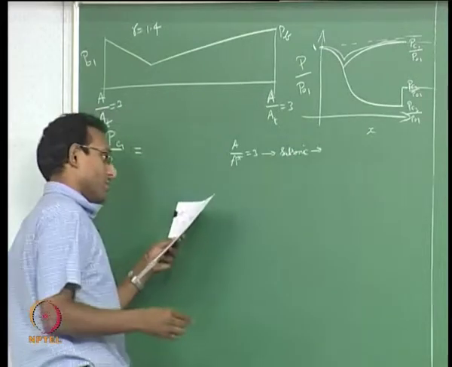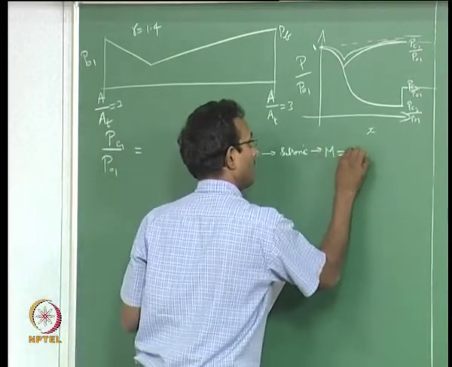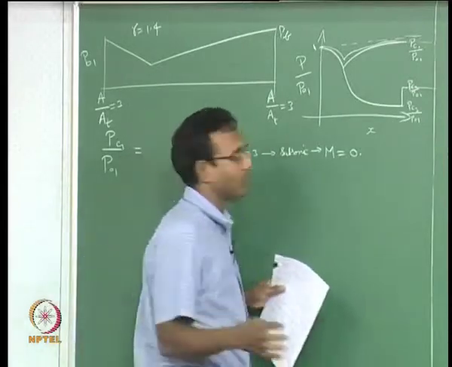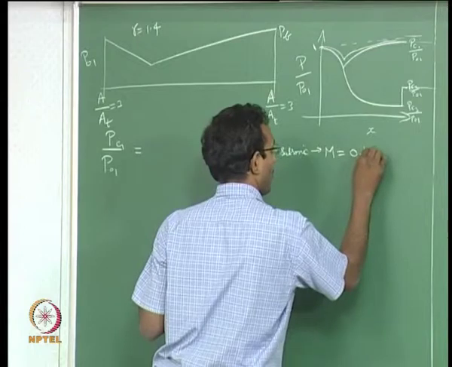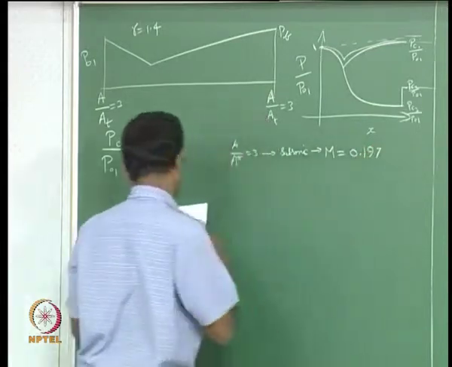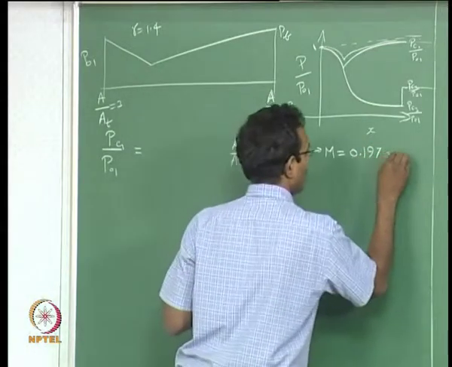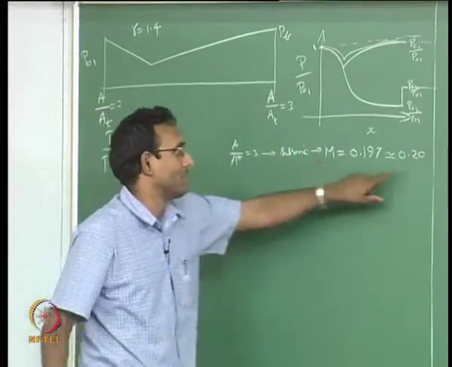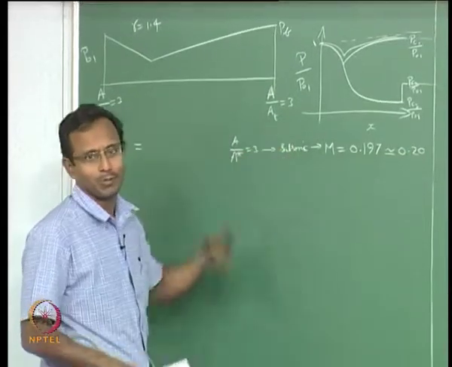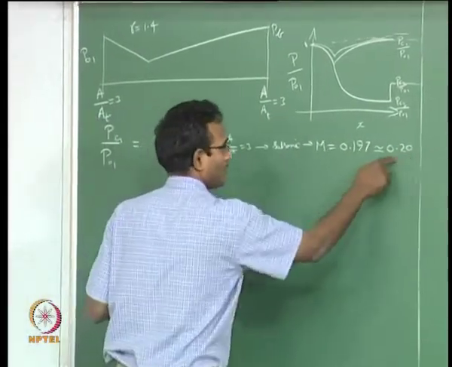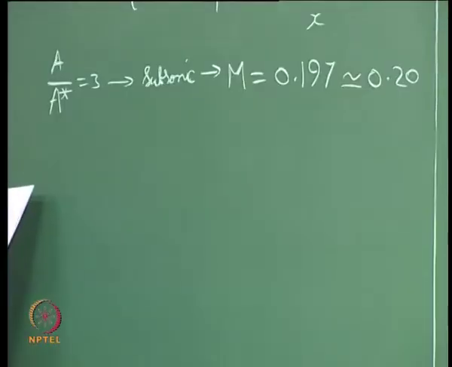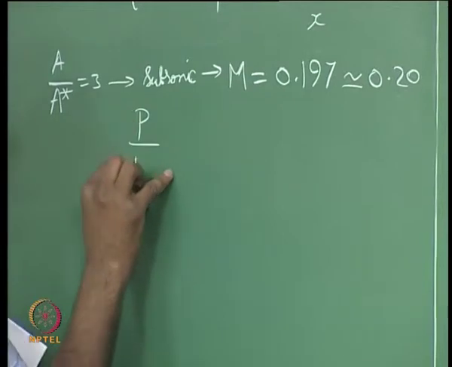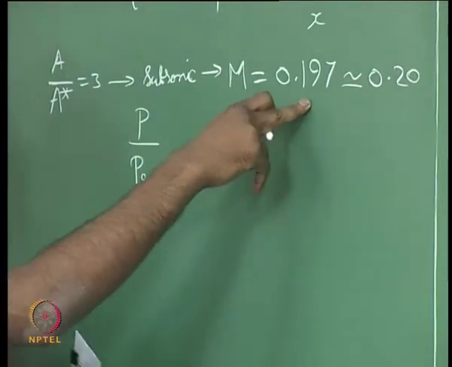That will give me a Mach number from my gas tables, or compressible flow tables, isentropic flow tables. I am going to get a value 0.197, and I am going to approximate it to 0.20 because my tables have only accuracy up to 2 decimals in my Mach number. I wanted to interpolate, but then I found it's too difficult. I will just use 2 decimal accuracy. Now I have to find P by P naught for that Mach number.